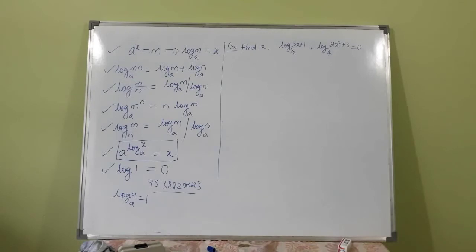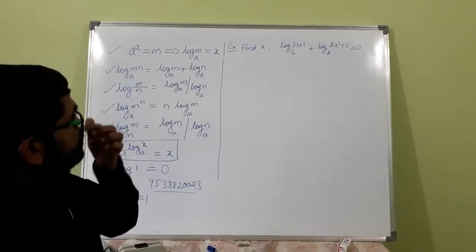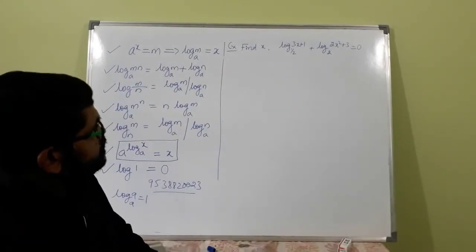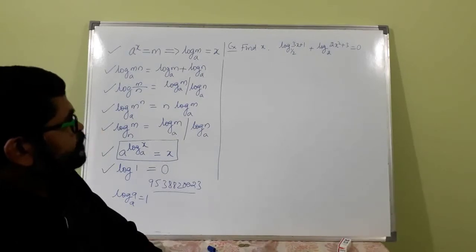Okay. See the another example. This is also solve for x. Log 3x plus 1 to the base half, plus log 2x squared plus 3 to the base 2.